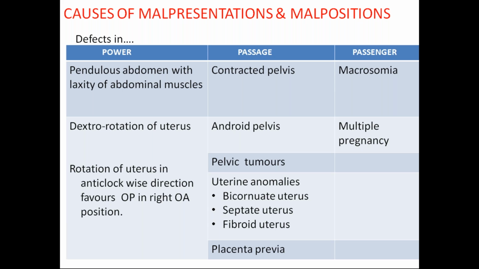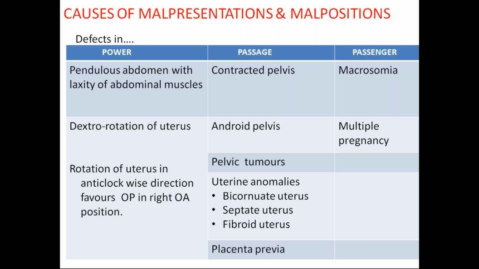Then in the passage: contracted pelvis, android, anthropoid pelvis. It's not written here, but remember, abnormal pelvises like android and anthropoid pelvises usually favor malpositions and malpresentations. Likewise, pelvic tumors or ovarian tumors which are impacted in the pelvis will also cause malpresentations.